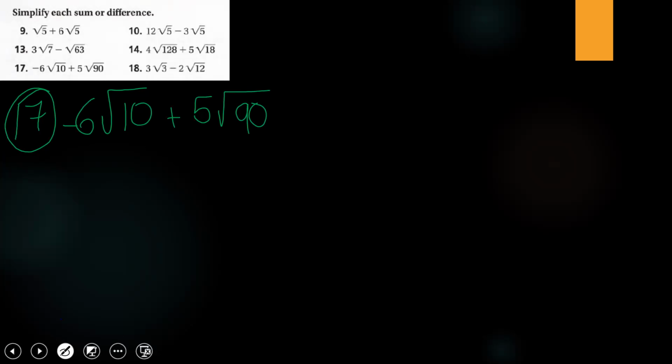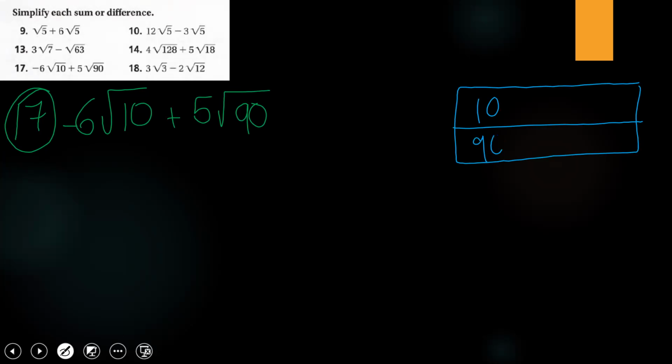Now, here the numbers under the radical are not the same, so let's make the table here. Here we have 10, here we have 90.